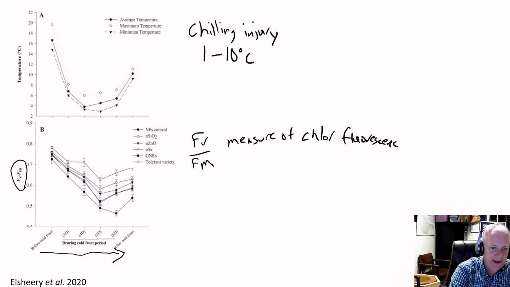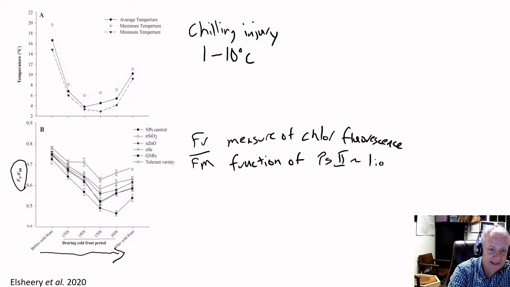So you remember that earlier I mentioned that chlorophyll fluorescence can be a sensitive measurement of stress on the photosynthetic machinery. And really, this is a measure of function of photosystem 2, or the light reactions.